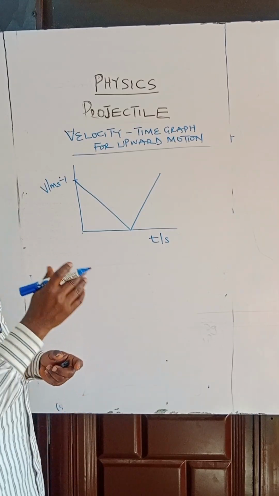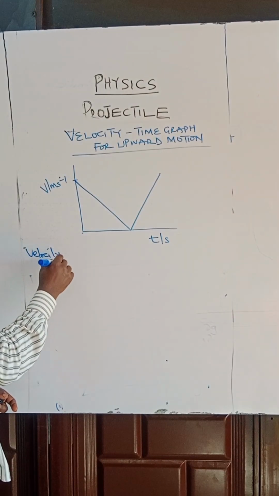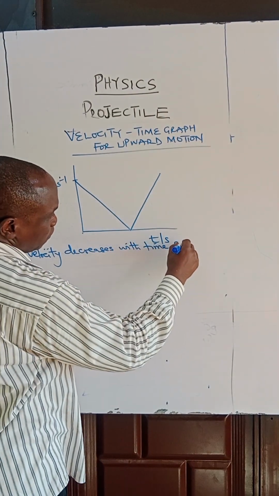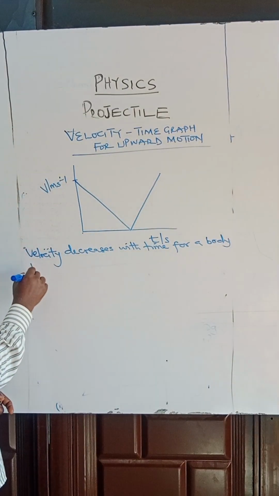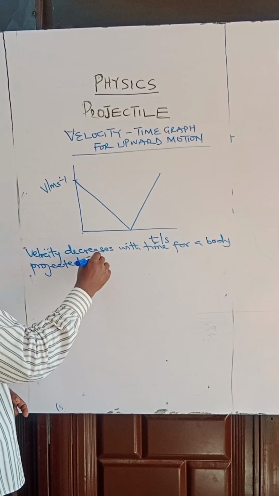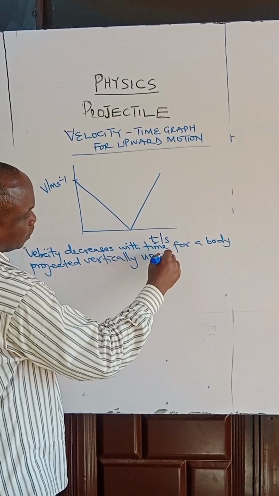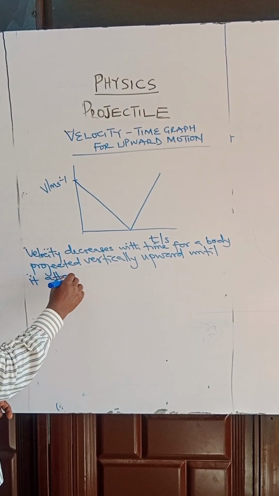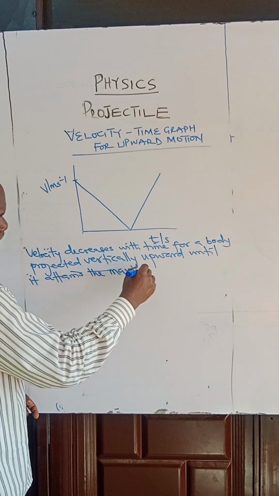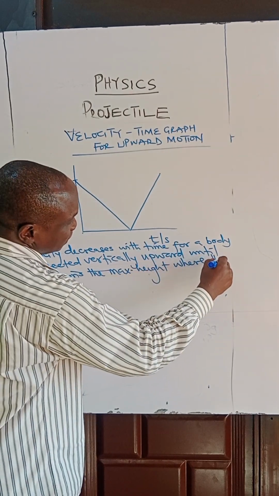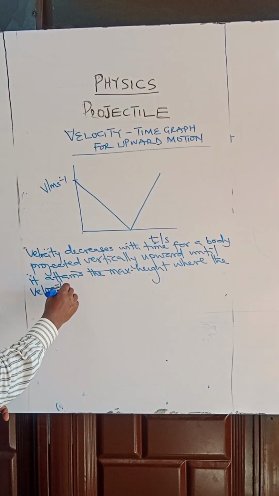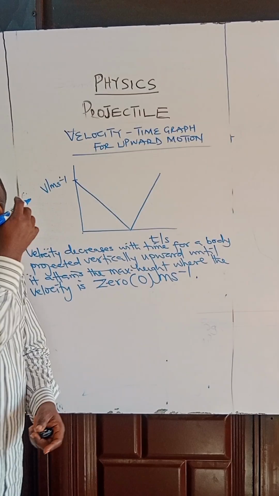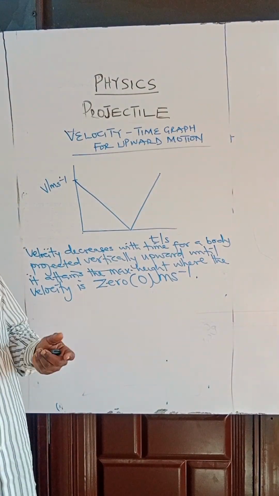Velocity will continue to decrease with time for a body projected vertically upward, until it attains the maximum height, where the velocity is 0 meters per second. So that is what happens to the velocity of a body projected vertically upward with time.